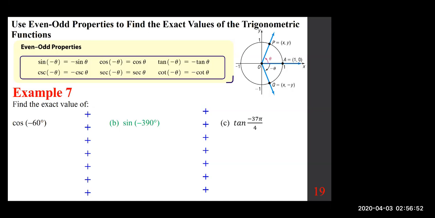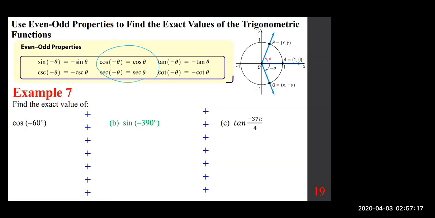And the result is every trigonometric function is an odd function, except cosine, because cosine is even, so is its reciprocal secant. Okay, cosine is even.